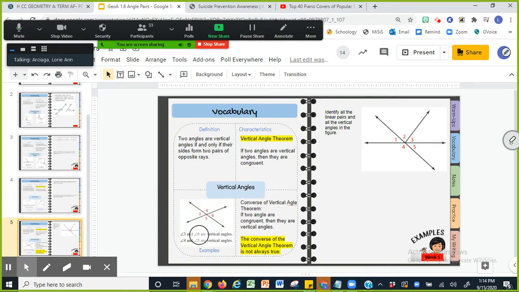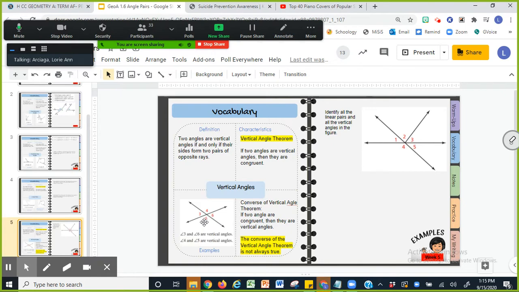The same is true for angle 4 and angle 5. They're sharing a vertex right there in the middle, and their sides form two pairs of opposite rays.